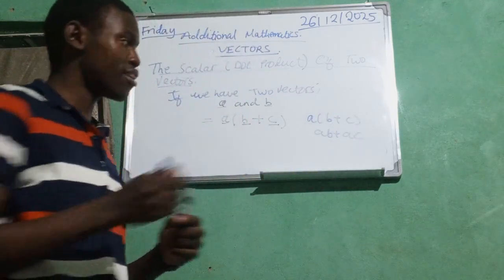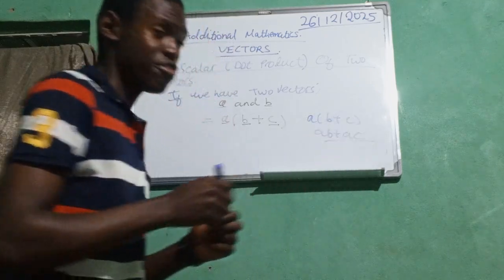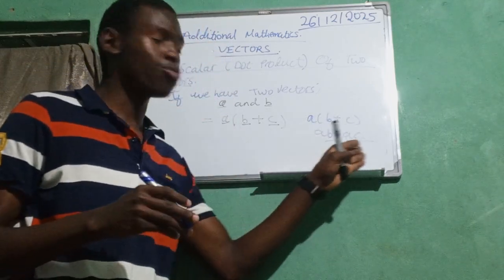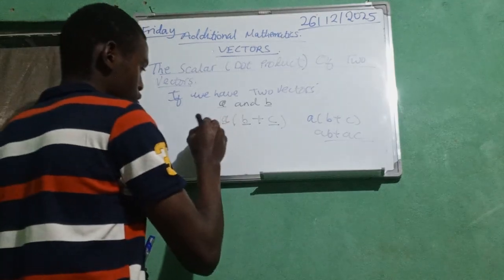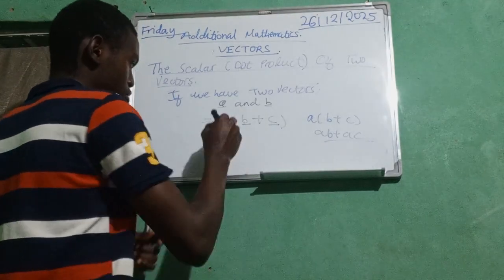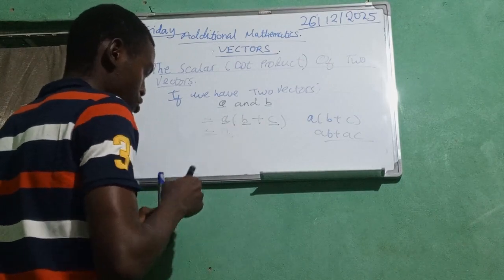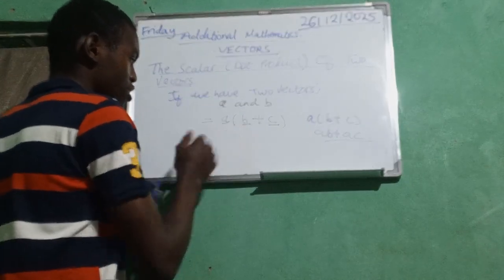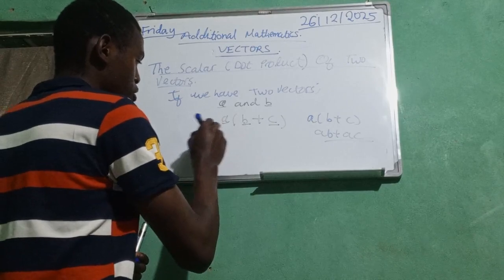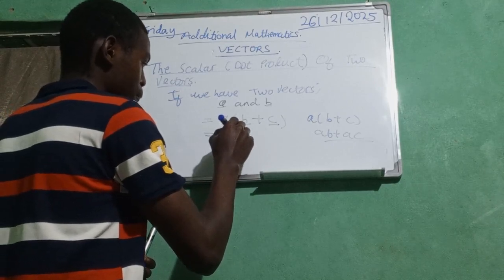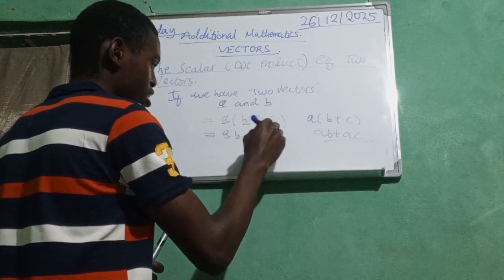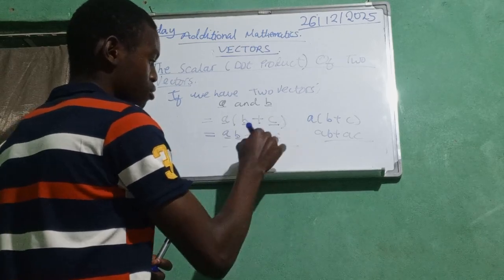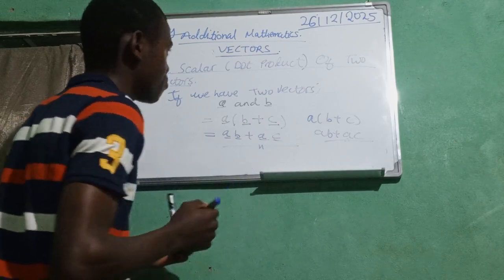That is our normal algebra. Vectors also follow this rule of association. It means that it will be equal to vector A dot vector B plus vector A dot vector C. So same answer as this.